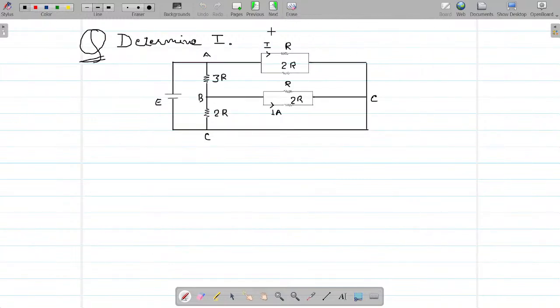This is the question that you're asked, and you have to determine the current in this branch I. You are provided with the current in this branch, and you have to calculate the current in this branch. So tell me, how are you going to approach such a question?